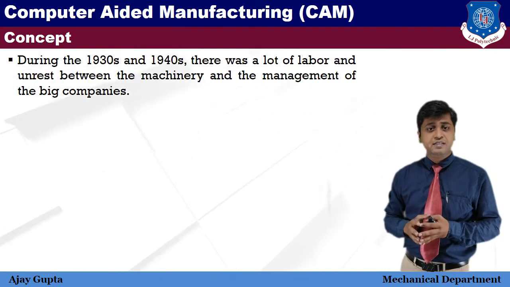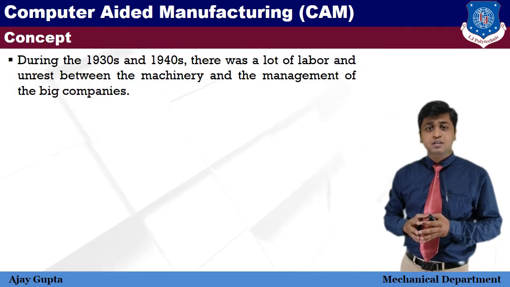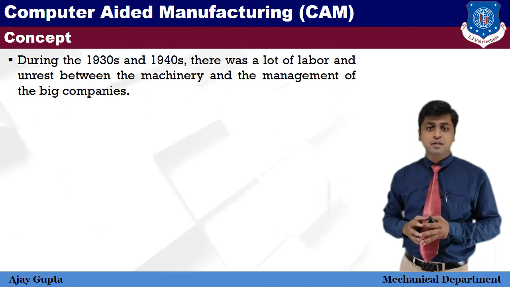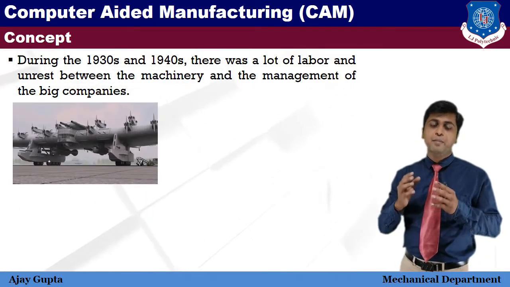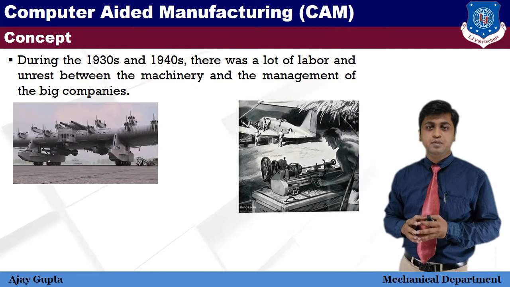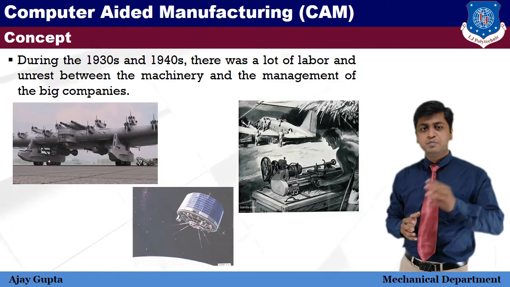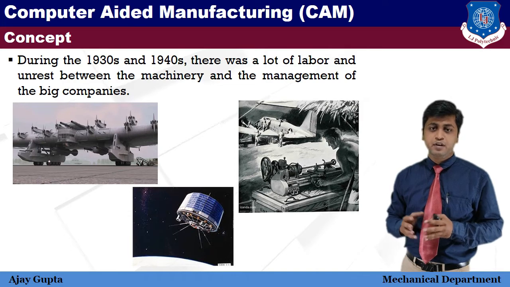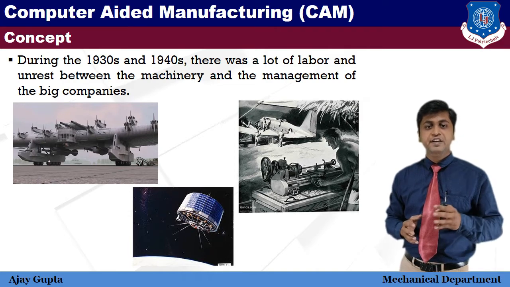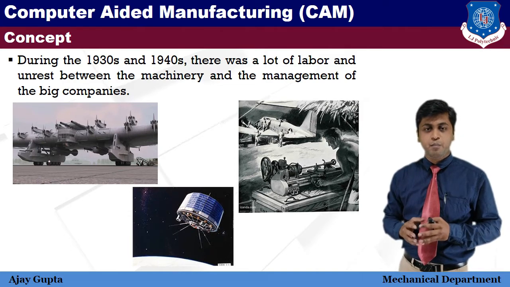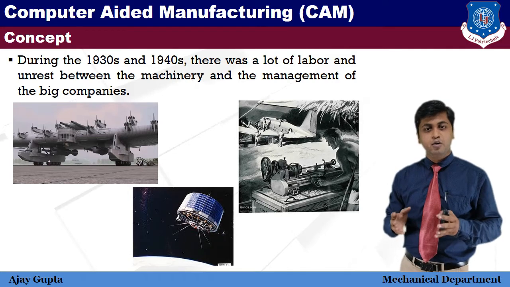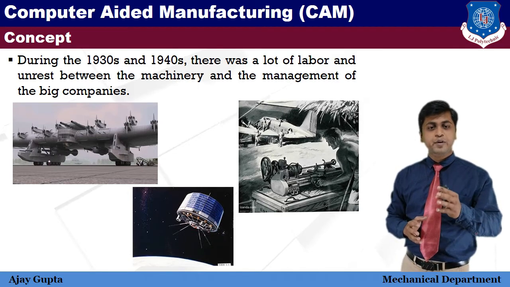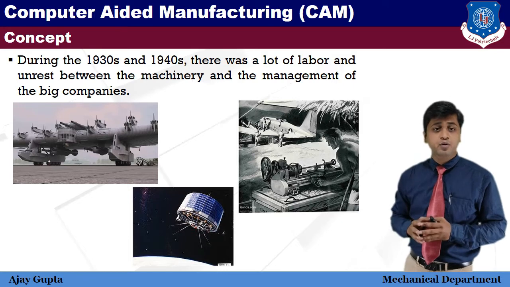During the 1930s and 1940s, there was a lot of labor unrest between the workers and the management of the big companies. Most machines need to be controlled in order to operate them. For example, there are many types of control systems: manual control, automatic control, computer control and remote control.